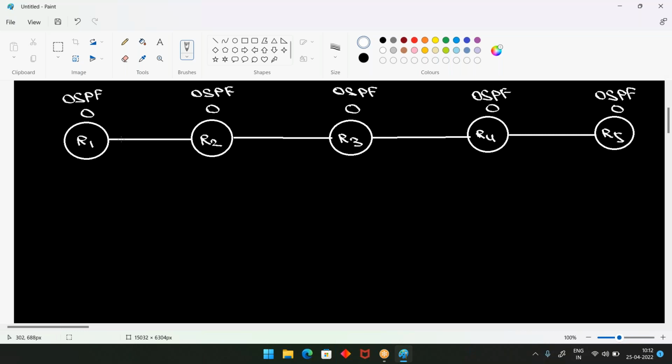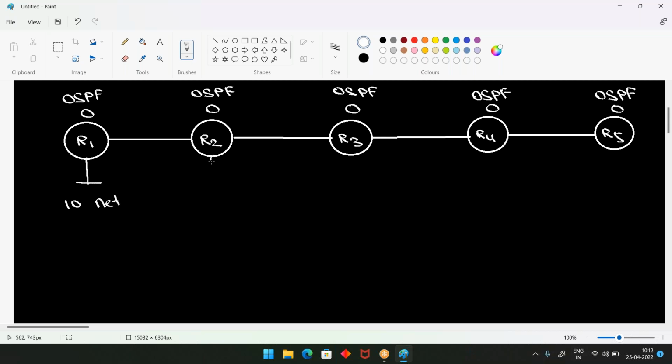Single area. So if these 5 devices belong to a single area, then what has happened? Now check this here. Suppose in this R1 router there are a few networks. Suppose there are 10 networks in this R1 router.